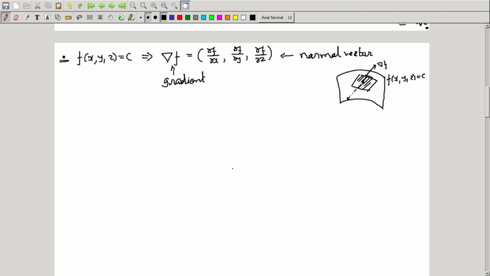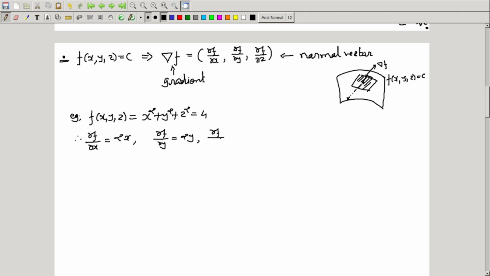Suppose I have given f of x y z as a sphere, x squared plus y squared plus z squared equal to 4. So this is the sphere, right? Then what is the derivative of f with respect to x? 2x, del f by del y is 2y, and del f by del z is 2z.